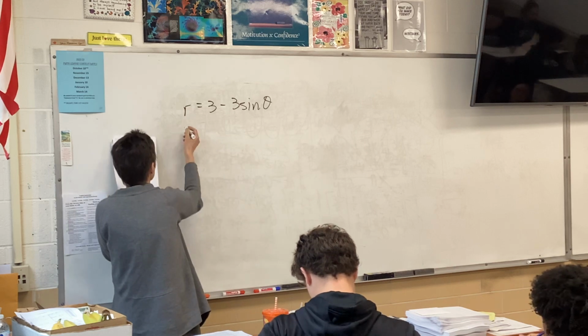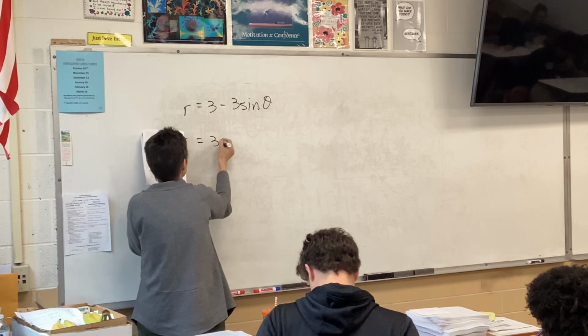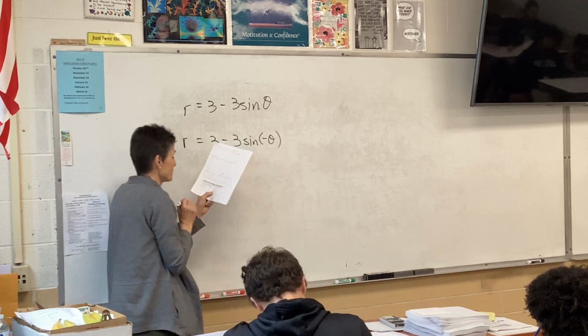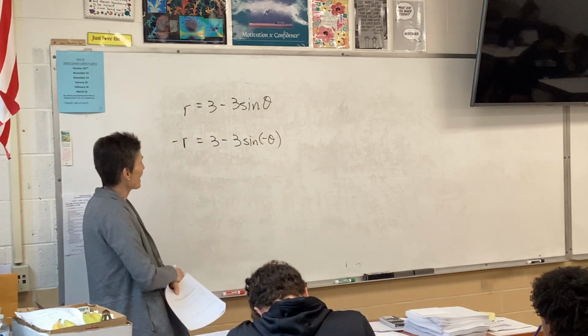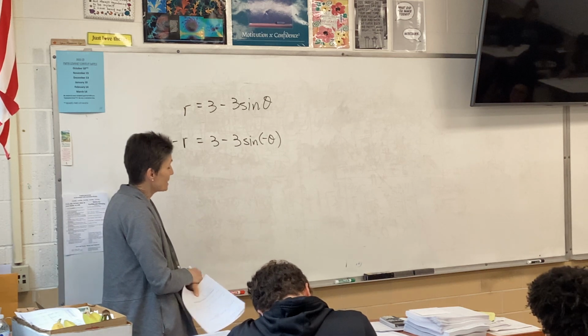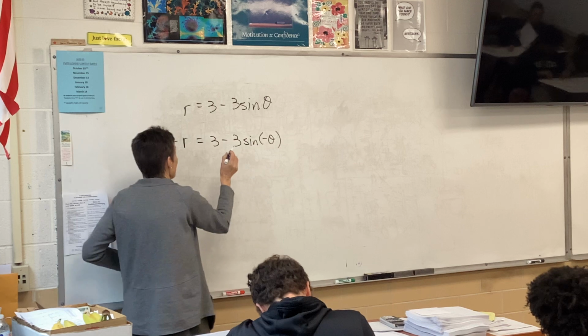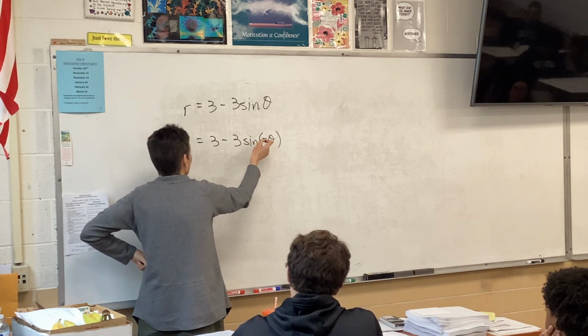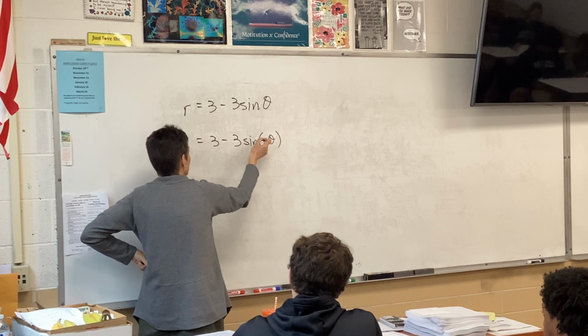So first test, change r, change theta. That's the first test for the y-axis. Now, this is a sine. So what happens to that guy right there? He comes out here.